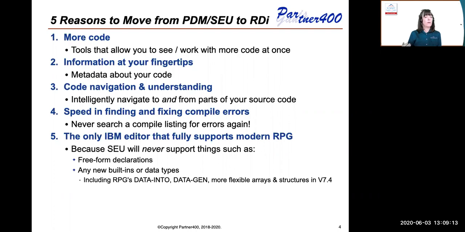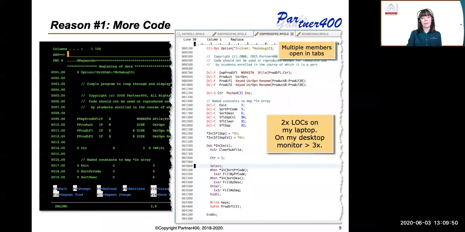Even things like free-form declarations, for example, and a whole lot of new built-ins and opcodes like DATA-INTO and DATA-GEN, and more flexible arrays where you don't have to specify exactly how many elements at compile time, and better ways of doing nested data structures, all that kind of stuff that we just won't be able to do in SEU. Well, maybe I should say you can code it, but SEU doesn't really understand it and support it. So anyway, that's the idea there.